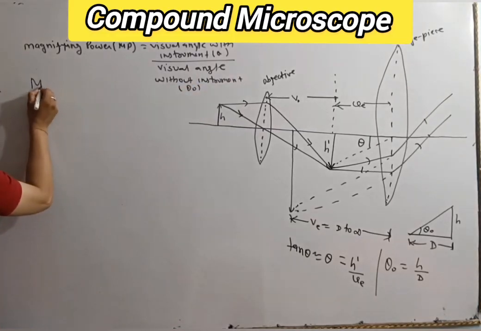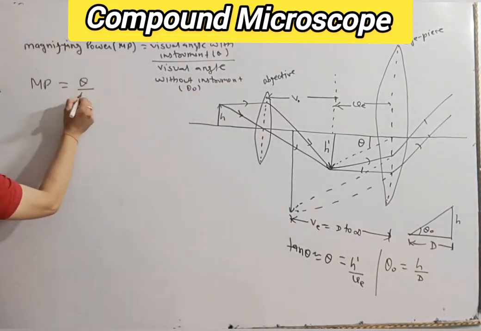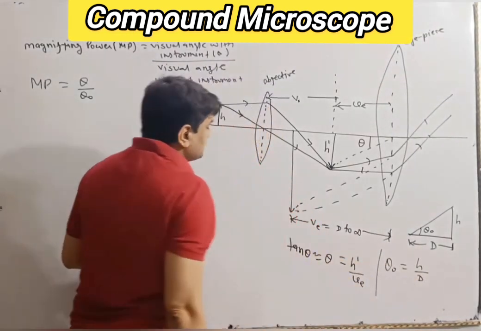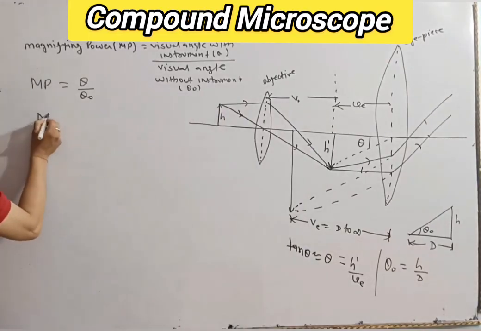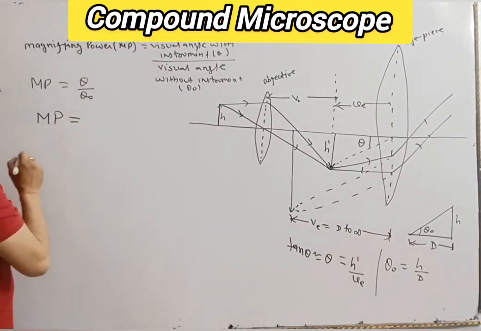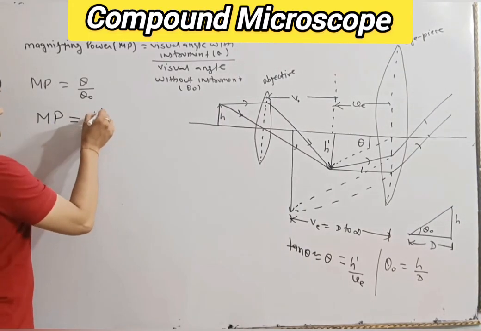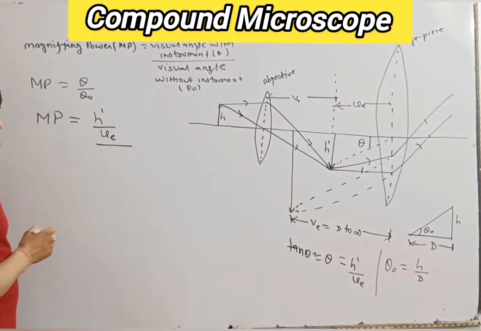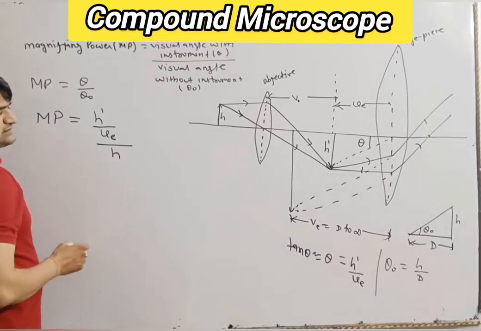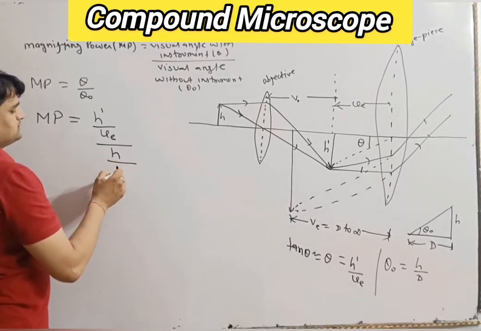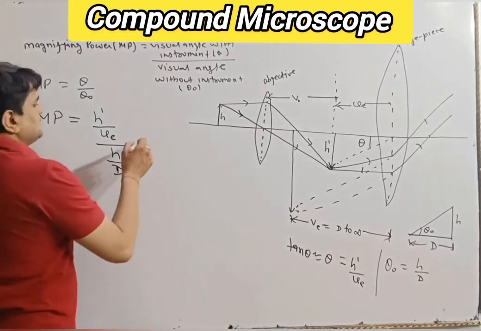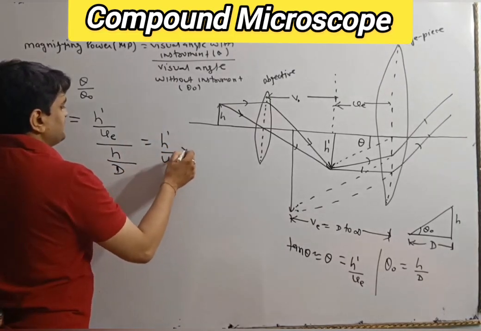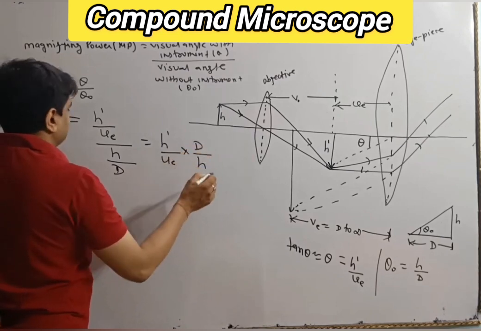So magnifying power will be theta upon theta naught, and we have already calculated theta and theta naught. So put the value. MP, theta is H dash upon UE upon theta naught is H upon D. Okay, so it will be H dash upon UE into D upon H.